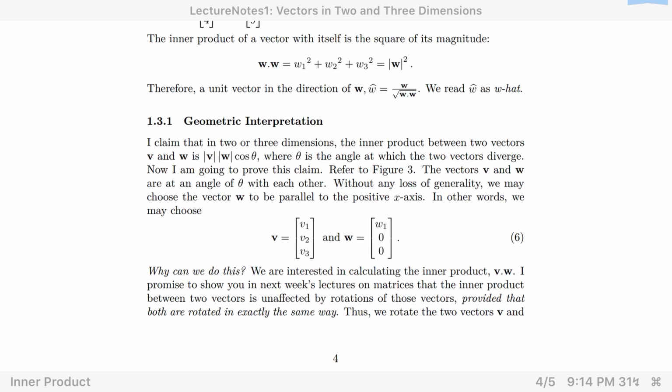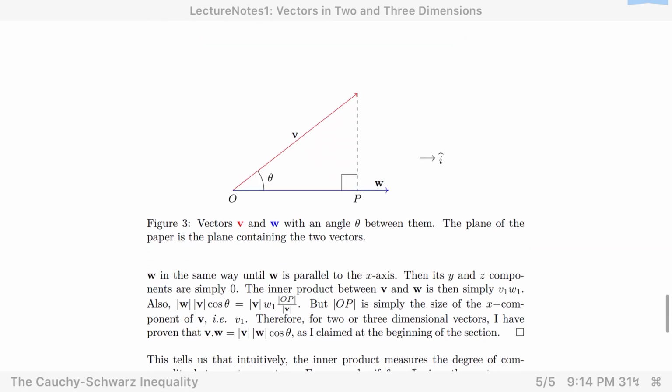Okay, now how am I going to prove this claim? To simplify calculations, I'm going to rotate both v and w in the same way until w is parallel to the x direction, or the I hat direction. Notice what happens in figure 3.